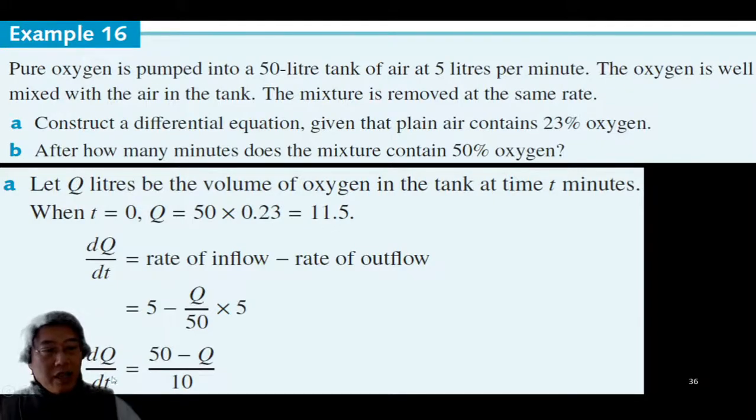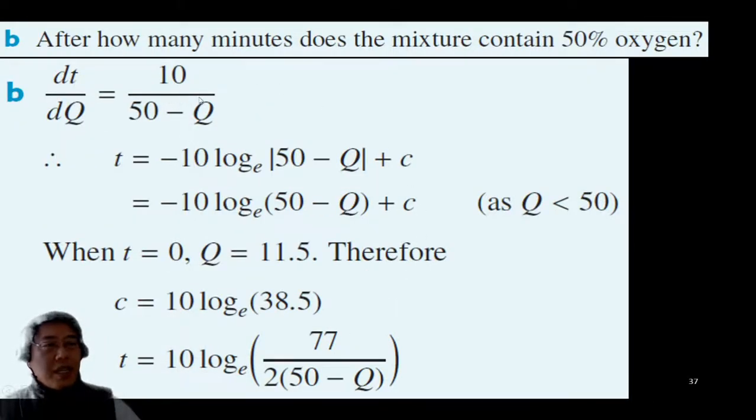Okay, so now once you have that equation, you need to separate the variables. You take the reciprocal, which becomes the reciprocal on the right hand side. You bring dq to the right and leave dt on the left. You anti-differentiate, that gives you a log. You have a plus c. We know when t equals 0, Q equals 11.5. We determine the value of c. That's that ugly expression.